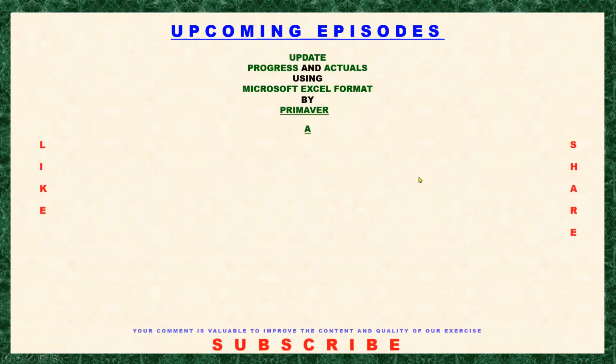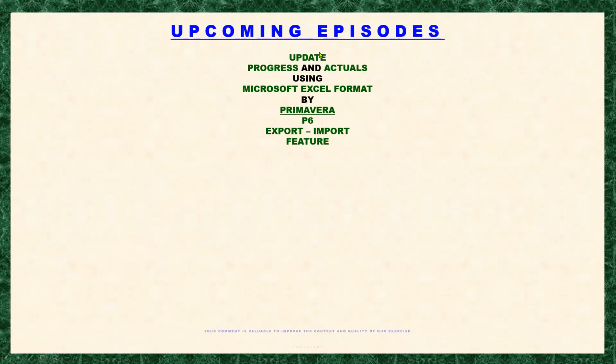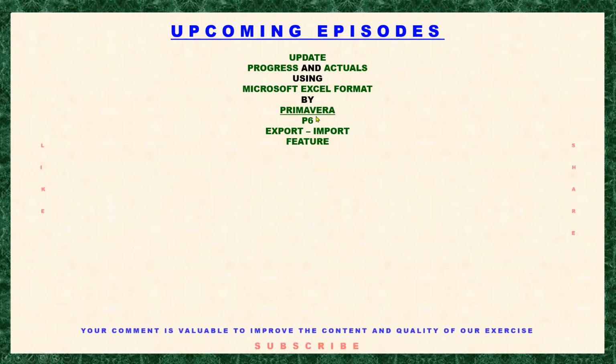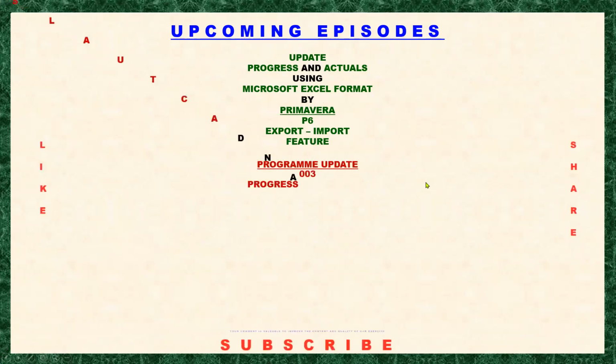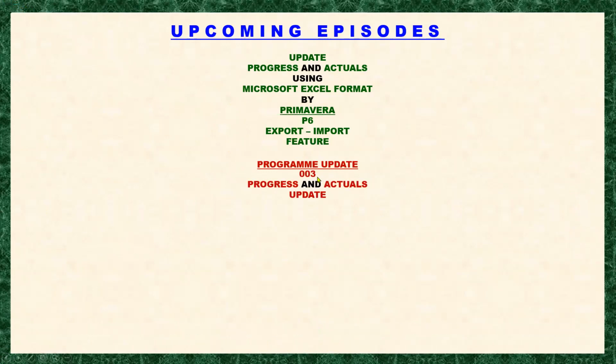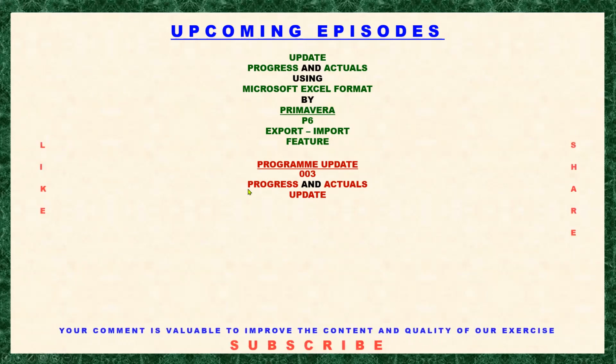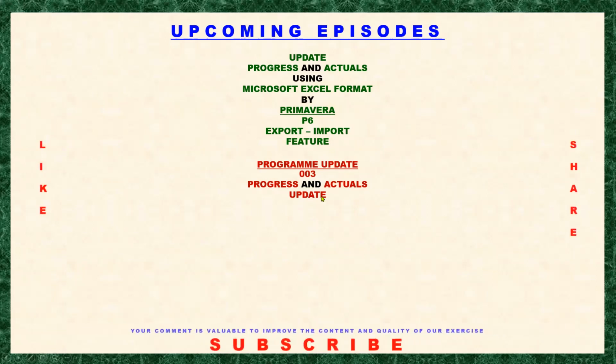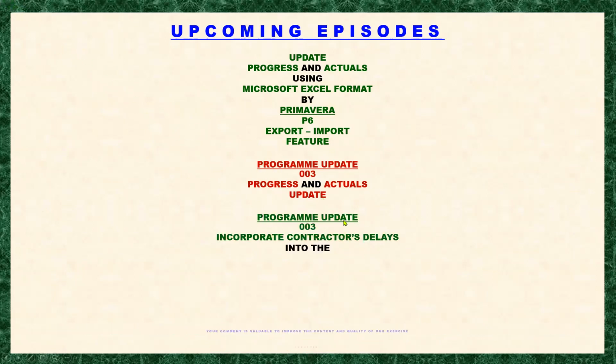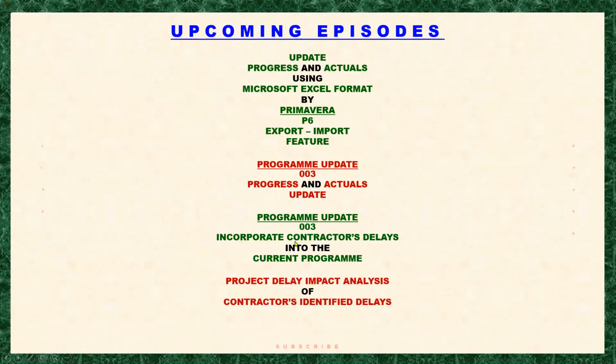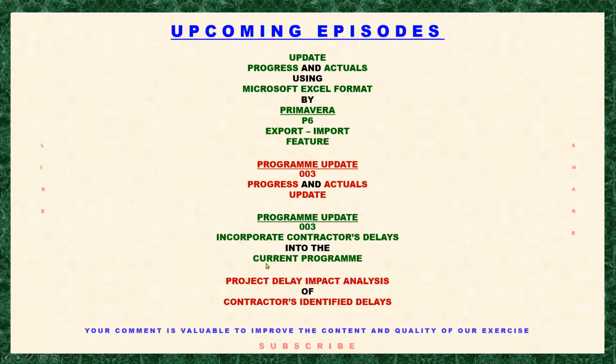Okay, our next or upcoming episodes are: updating progress and actuals using Microsoft Excel format through the Primavera P6 export and import feature. The next is program update 003, the third program update. As we did on our previous update, it covers progress and actuals update, and program update 003 will incorporate contractors' delays into the current program.